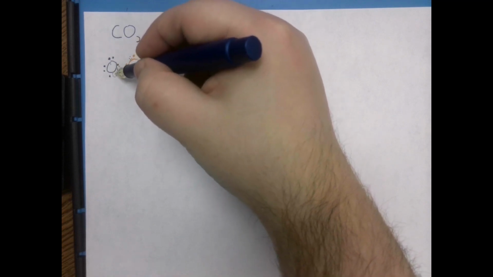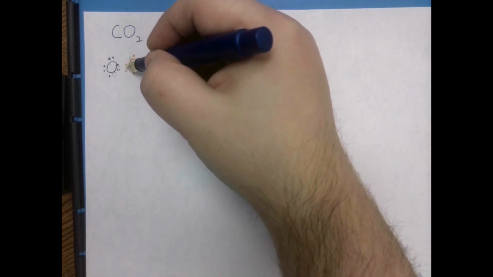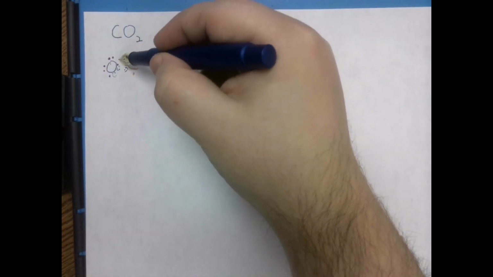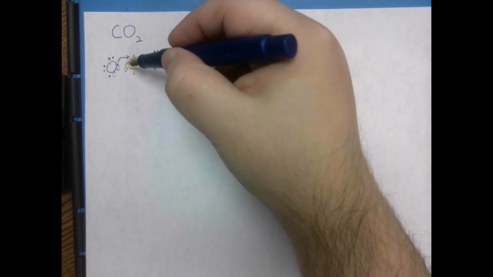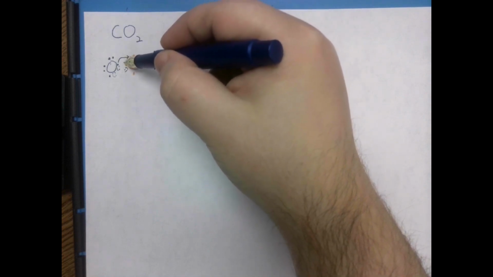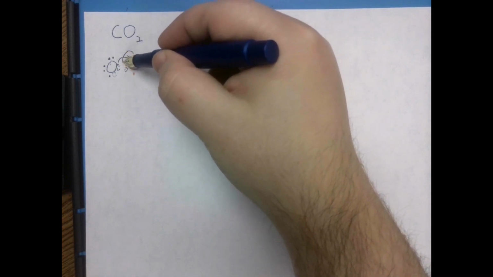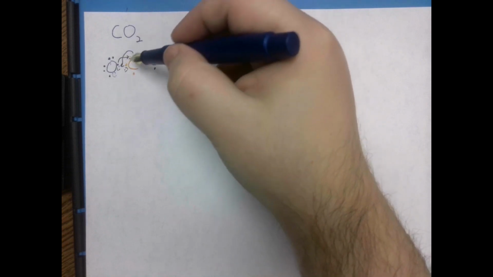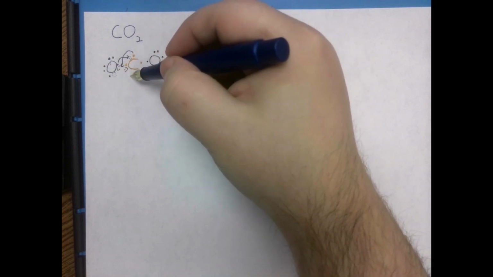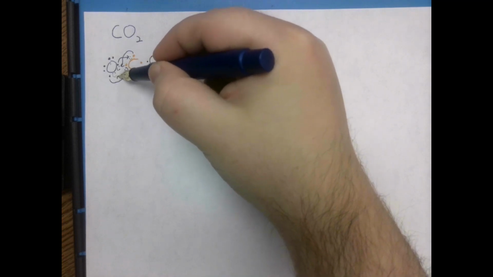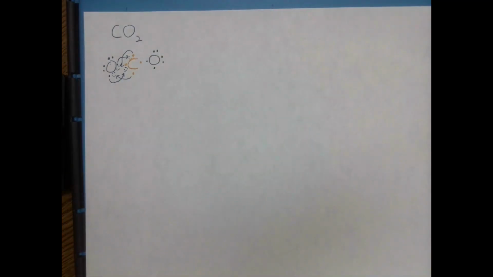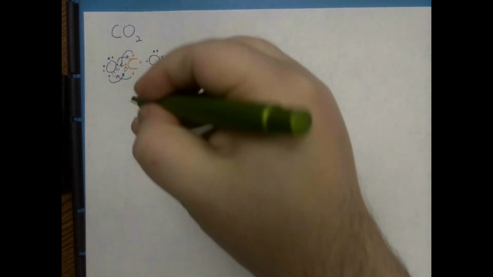There's a missing spot here, and there's a missing spot here. We can take this electron and share it with this carbon. We can take this electron and share it right here and have these two shared. And likewise, we can put this one and share it over here and this one share it over here, and have them share it between them.